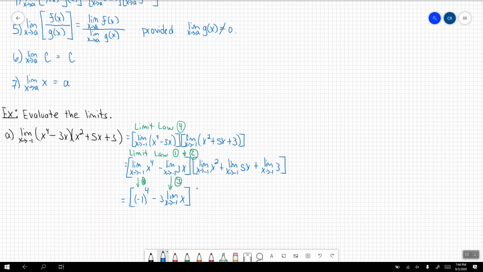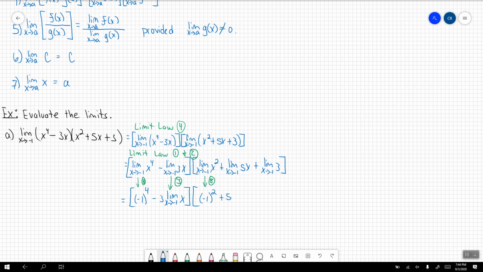Now, going back to that second set of parentheses, again, this limit as x is approaching -1 for x squared. What I'm going to do here is use, once again, limit law number 8 and do a direct substitution here. Therefore, again, I'm using limit law number 8.